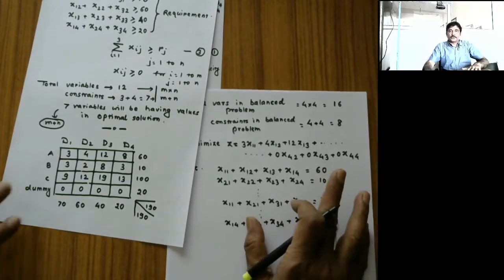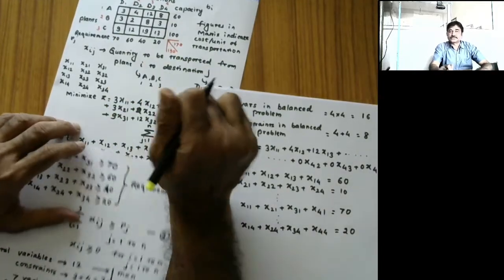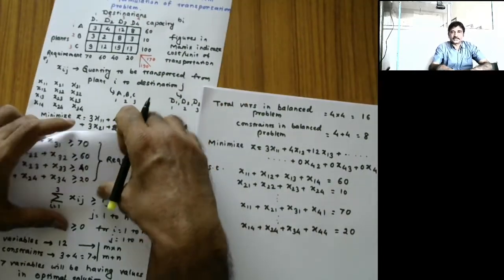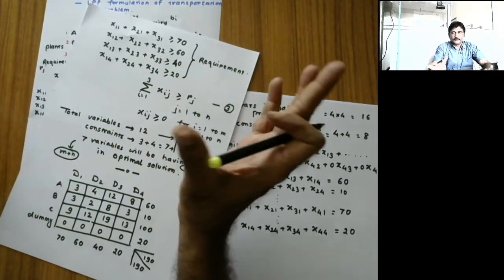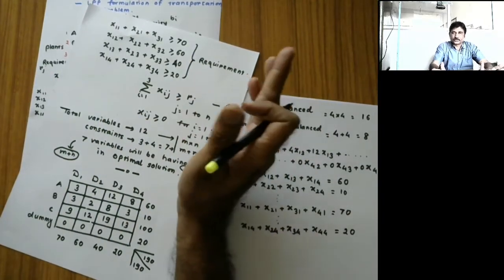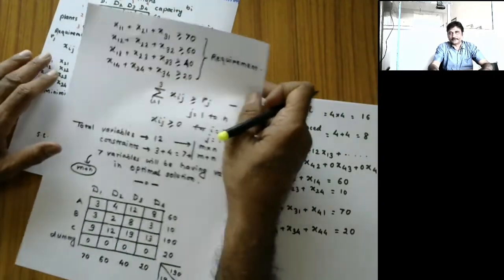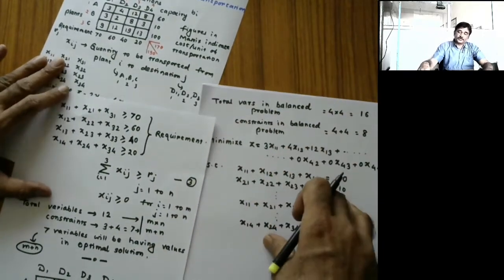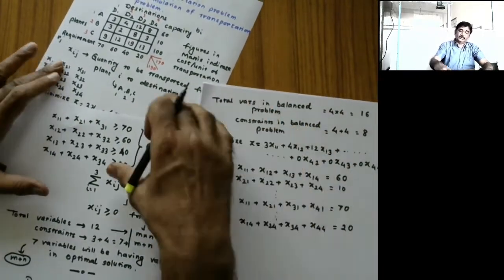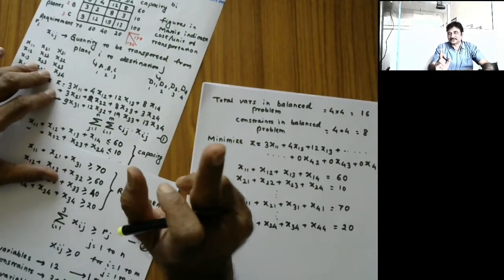Physically both are the same problem. The first one I'll name the unbalanced problem, and this is simply the balanced version of it, which anyone will be tempted to do. That temptation doesn't make the problem different from the original one. So this formulation and the earlier formulation both should give you the same result.